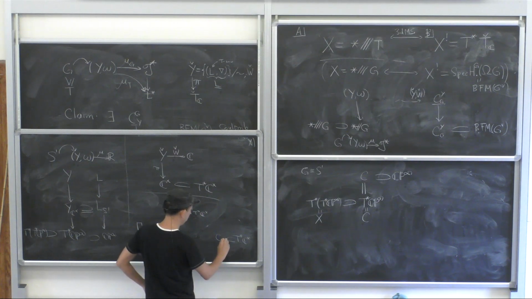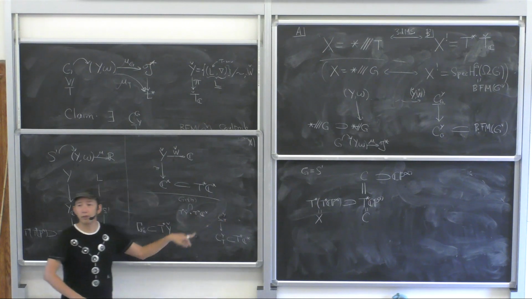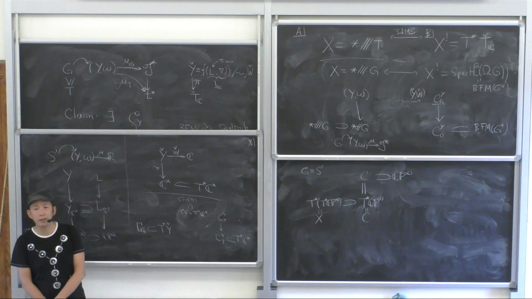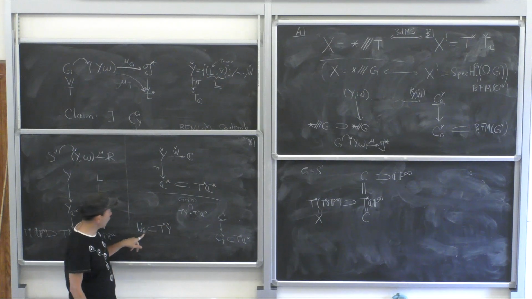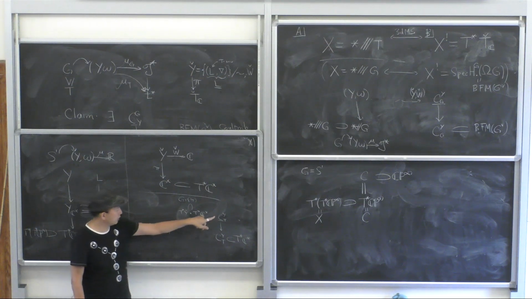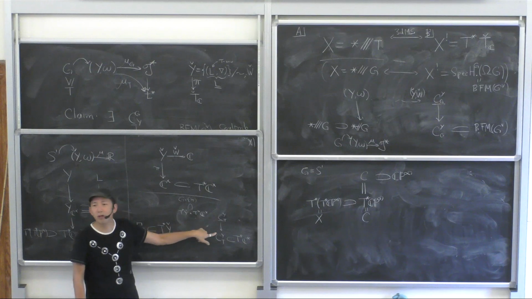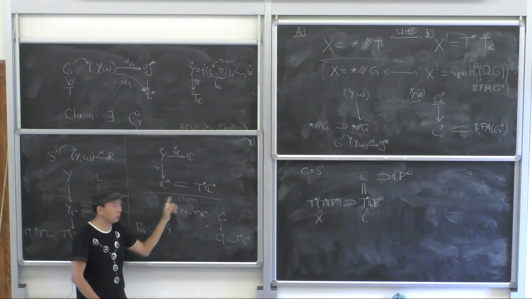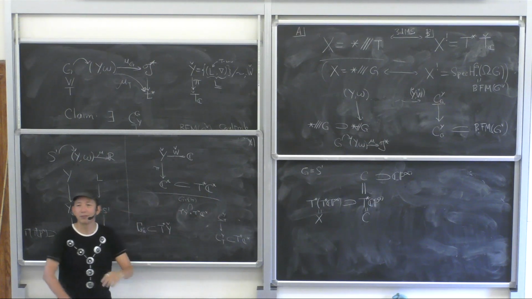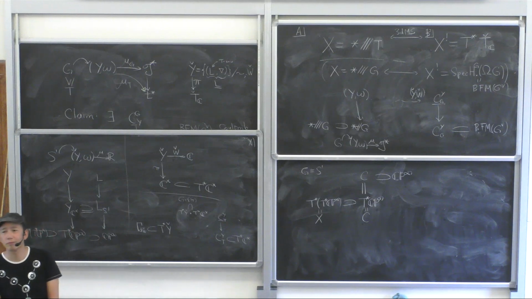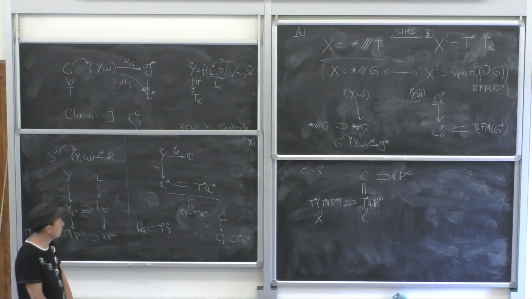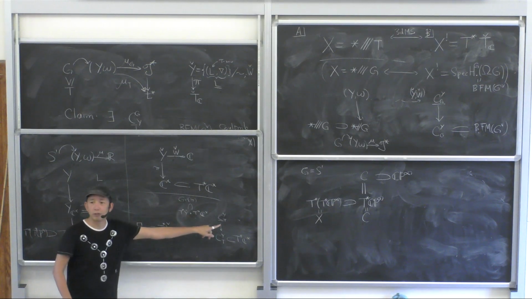Because it may not be transverse, in general this may not be the identity. If everything is transverse intersections, then this is just equal. In general, you get, yeah, this is just a Lagrangian correspondence to get this element.